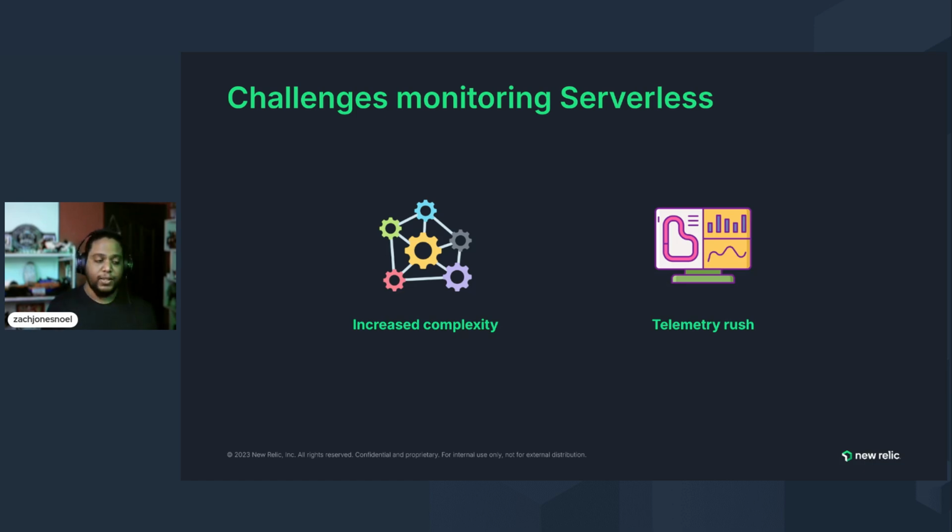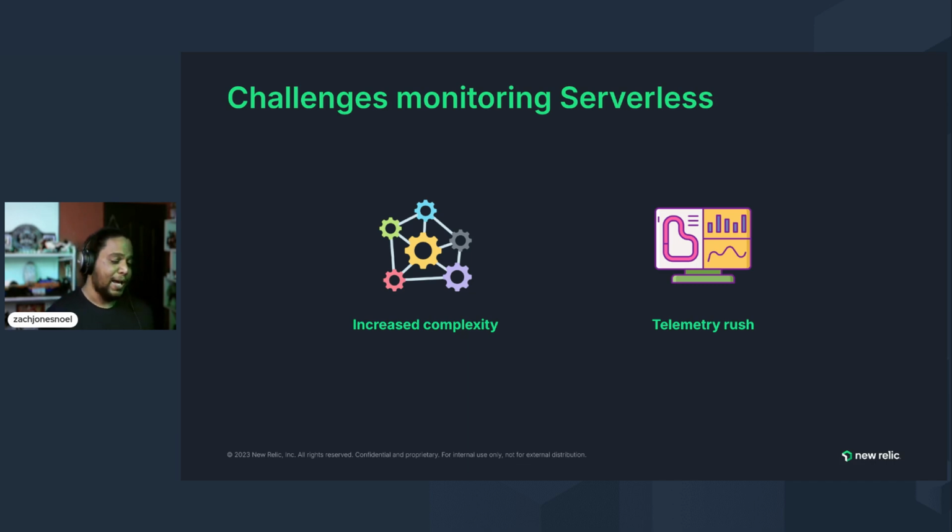So when a simple CRUD operation happens, you need metrics from your API Gateway, logs and events from your Lambda function, and database-related metrics and events. All of this, again, to tie it back, you need traces.